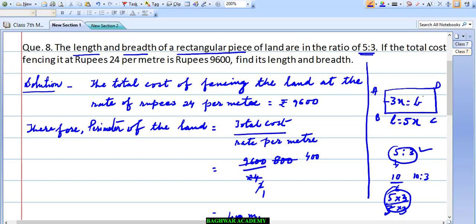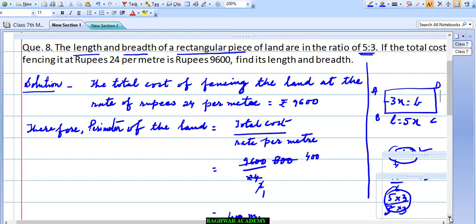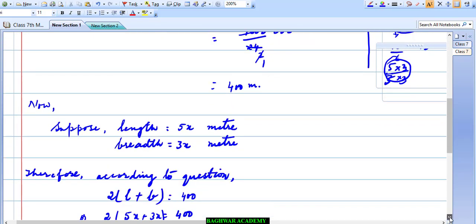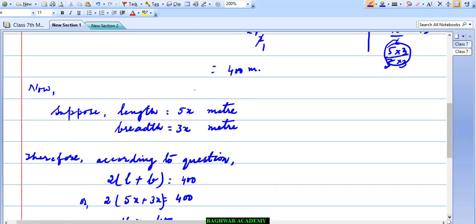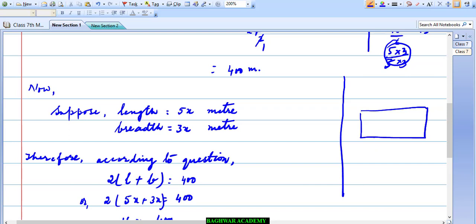Now, the total cost of fencing it. Again you need to understand what fencing means. Suppose this is your land and fencing is required to be done, it means the boundary is required to be done.